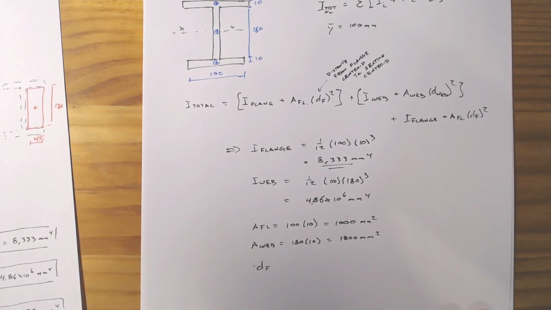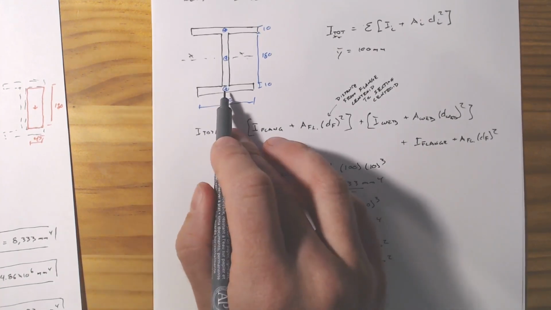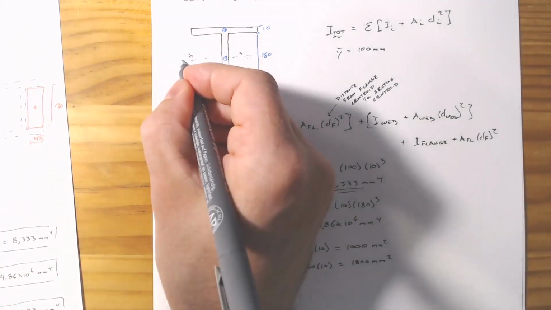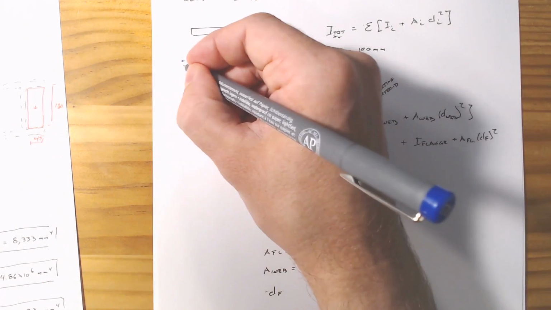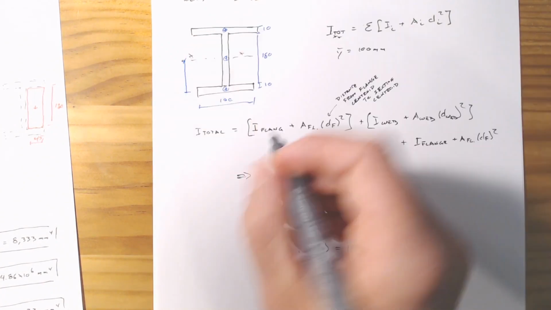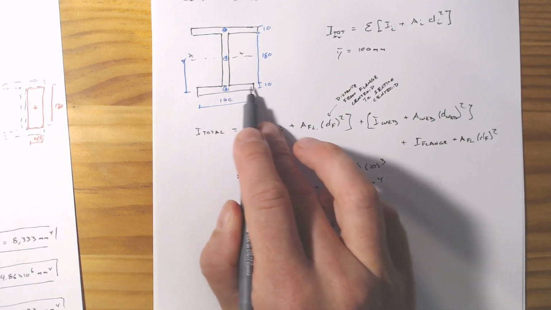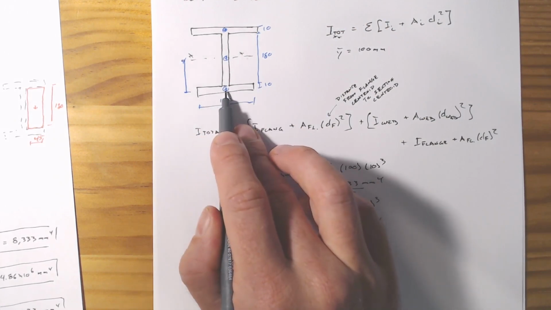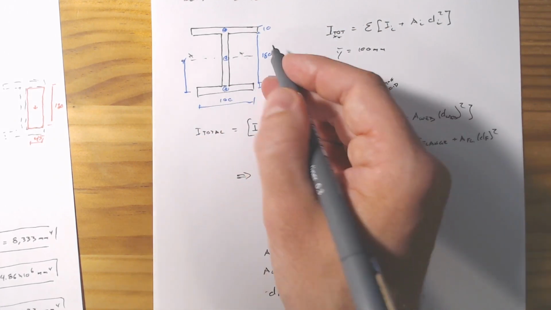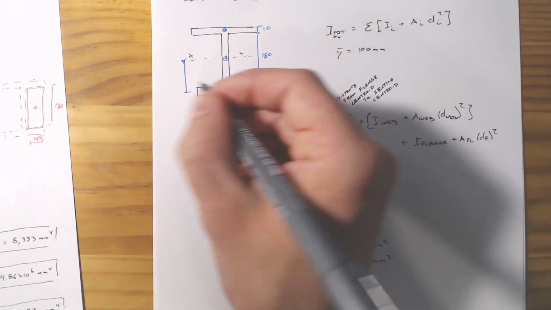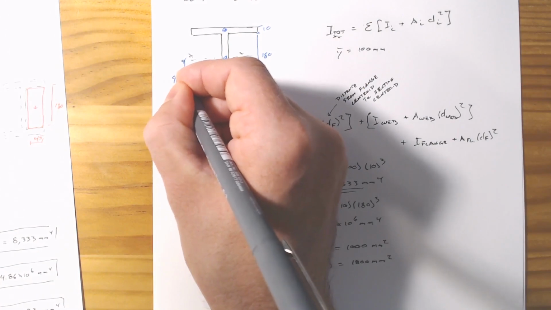The distance between the flange centroid and our x-axis is located at 5 millimeters up from the bottom because it's just halfway. So it's going to be 200 divided by 2 minus 5. So 100, this is simply going to be 95.